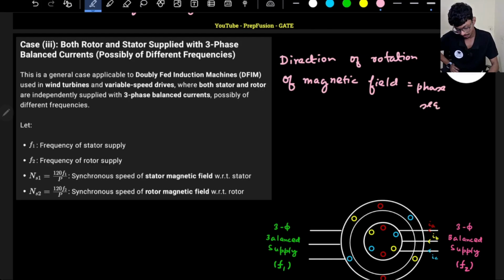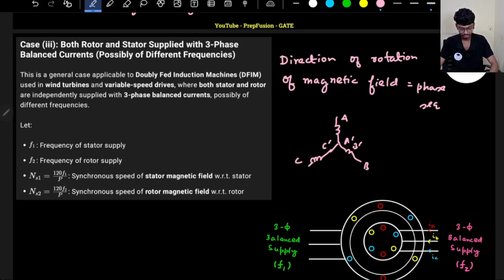Why? Because windings are placed like this. Let's say here a dash winding is placed in the space, b dash winding is placed, then c dash winding is placed. That's how we are placing the windings.